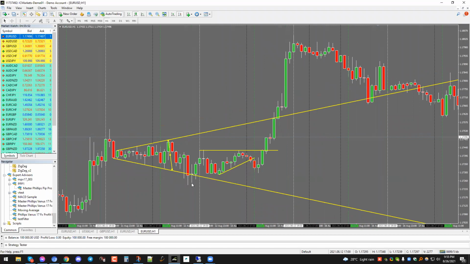So you don't want to be looking to sell on this bullish formation because, as you can see here, you have a push up. So this is your impulse, and this is what you're expecting your correction to look like. So if this is a bullish formation, we're only looking for bullish trades. We're not looking to go short. You're only looking to go long, right?